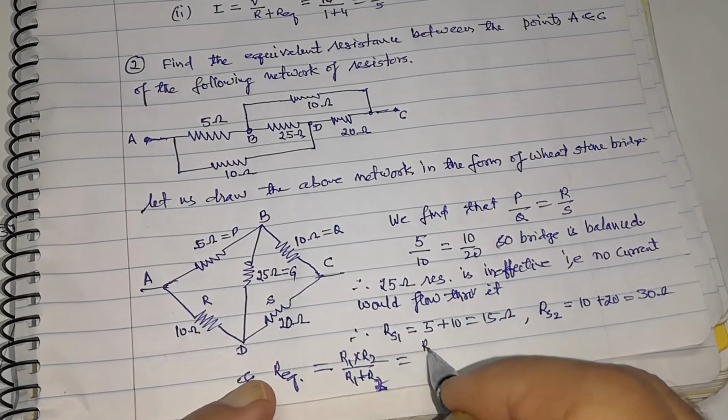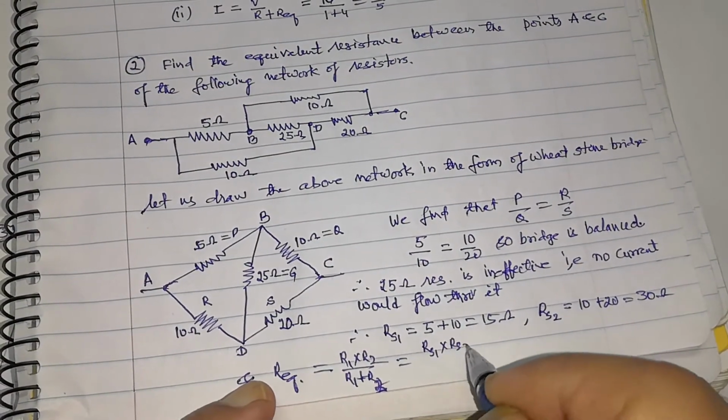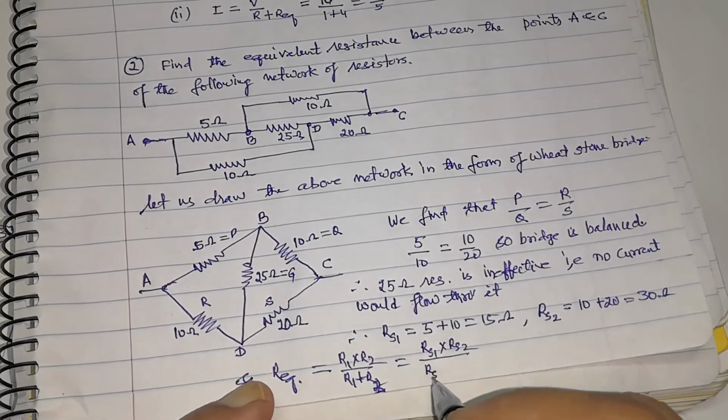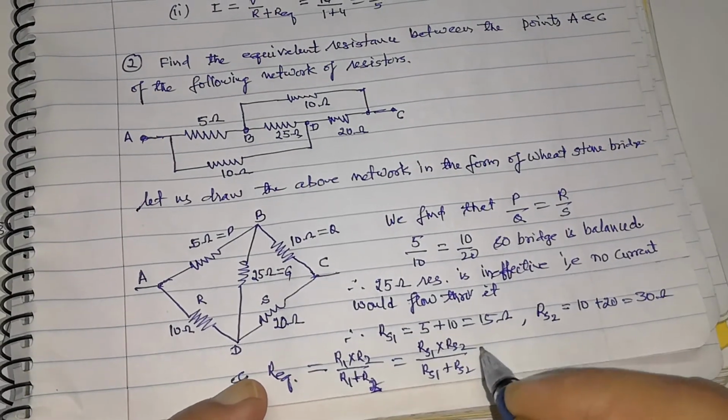Therefore it is RS1 into RS2 upon RS1 plus RS2.